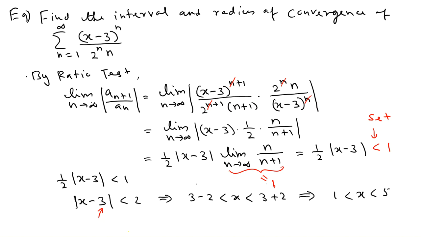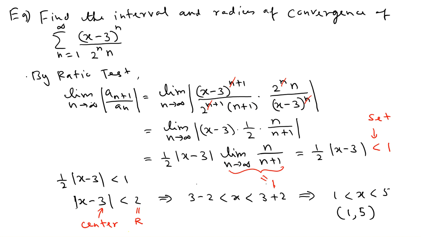That's going to give you the interval. In interval notation, this is from 1 to 5, the open interval. And this is also the radius of convergence, which is 2, and the center is 3.